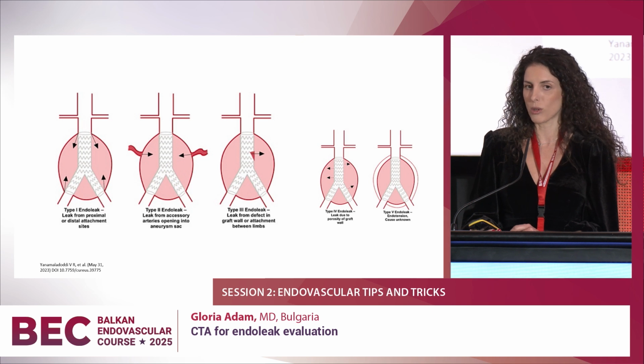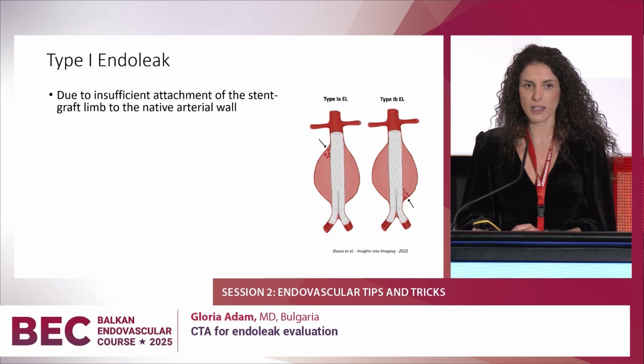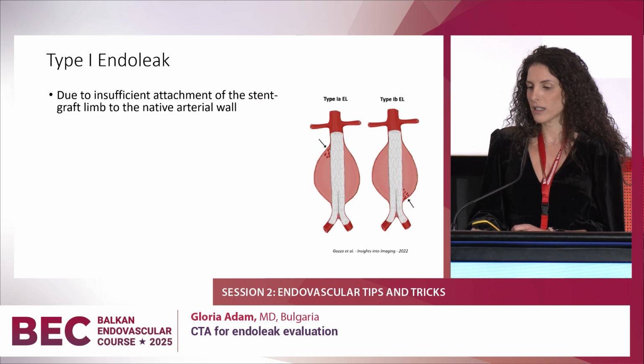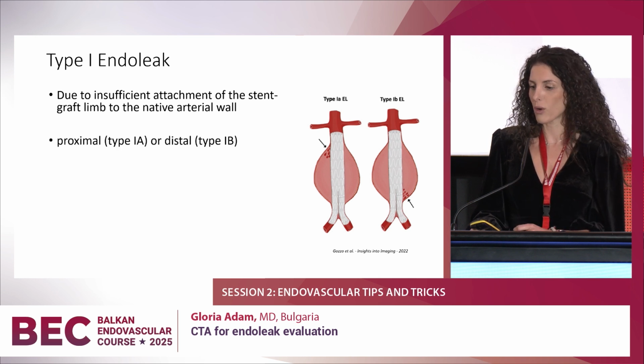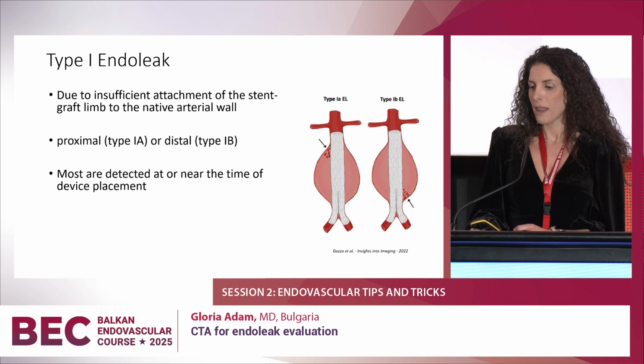The second is the most common one, the first and the third are less common but more dangerous. Type 1 endoleak is when there is insufficient attachment of the stent graft to the native arterial wall. It can be proximal or distal. Usually you see it at these parts of the stent graft.